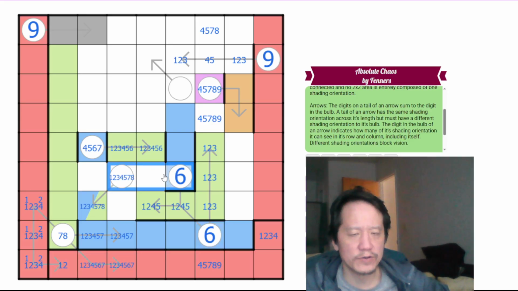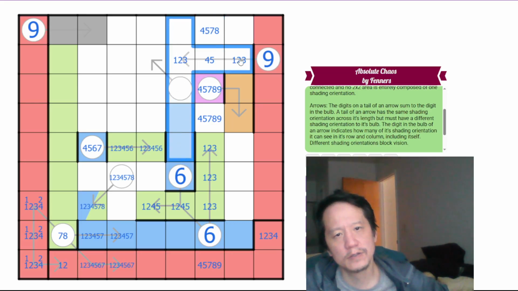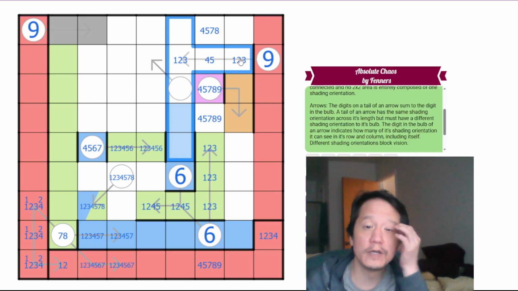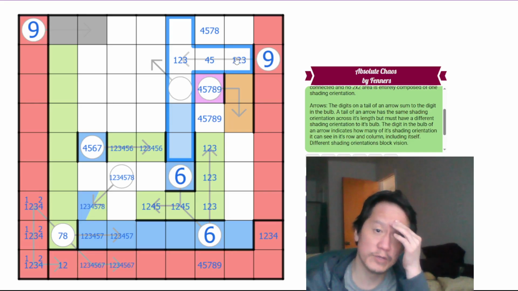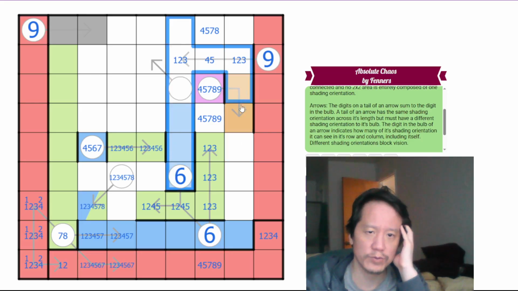More specifically going that way. So if this is blue, this would be blue, this would be red. This could not be blue because, so this would have to be red, this would be red. So then this could not be blue, this would be green, so this would have to be blue here. So this would be blue, this would be blue, this would be blue. This could not be red here.